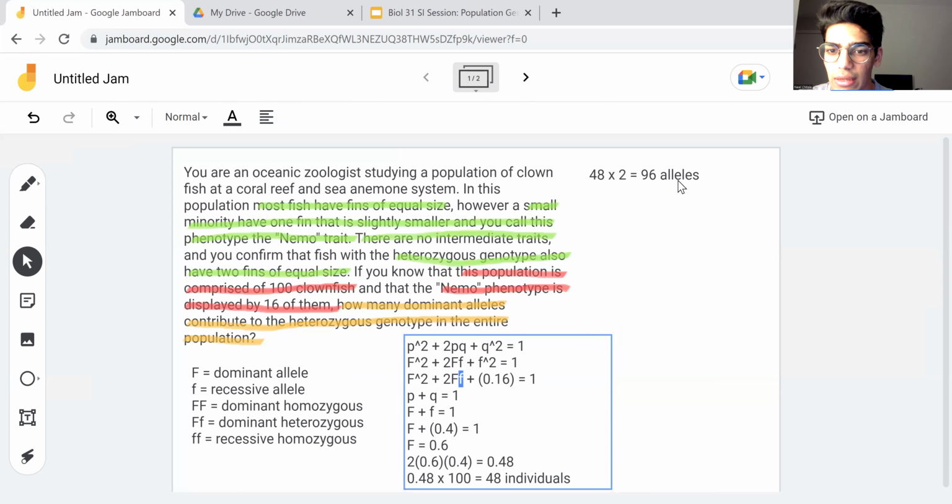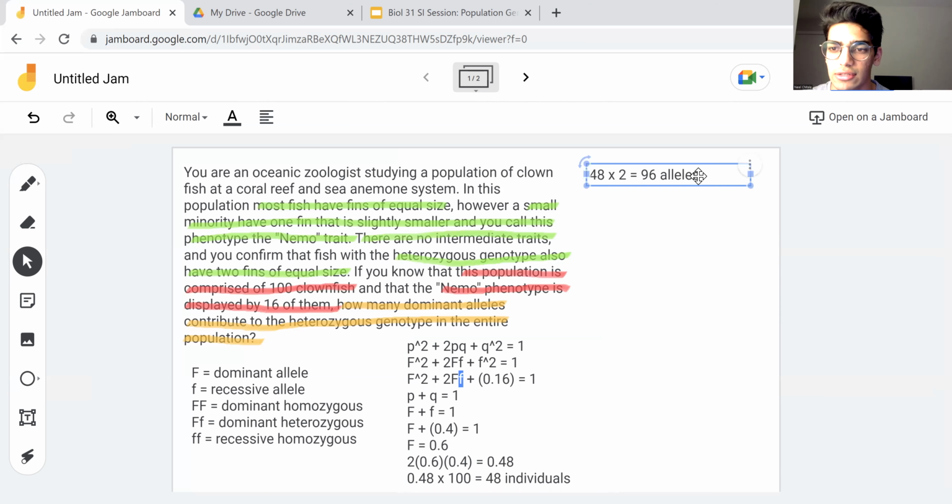So we're considering big F and little f in this number. And we just want big F. And since we know that big F makes up half of these heterozygous alleles, and little f contributes half as well, we can just divide this number by 2 to get the number of dominant alleles that make up this heterozygous genotype.